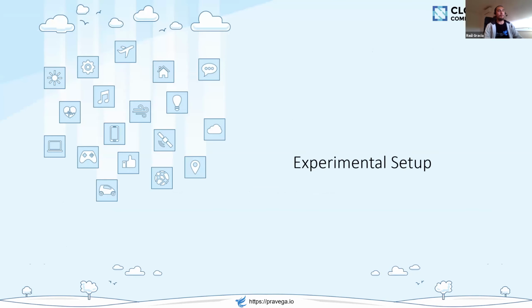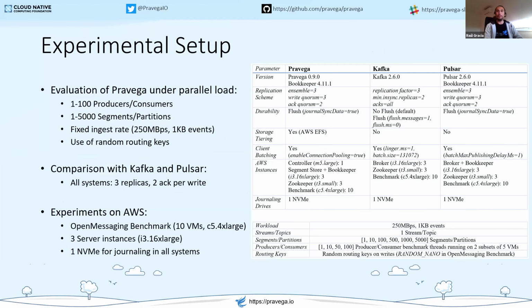So let's start with the experimental setup we used to do the performance comparison. In most of the experiments we have in that blog post, we fixed the incoming throughput, in this case to 250 megabytes per second using 1 kilobyte events. What we change as knobs is the number of producers, or writers, and consumers as well, and the number of segments.